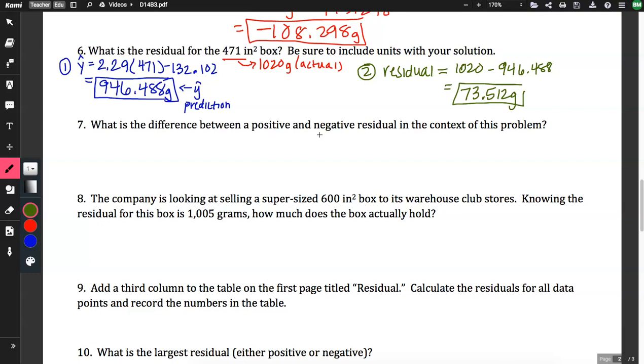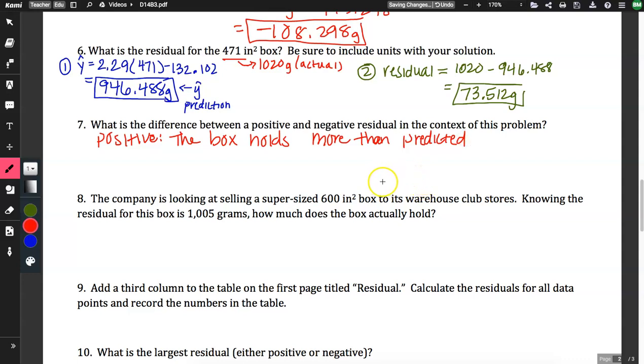It's not really great to just be able to find the math. You need to be able to explain it and interpret it. So that's what we're talking about here. If we get a positive residual, in this case, that means that the box holds more than predicted.